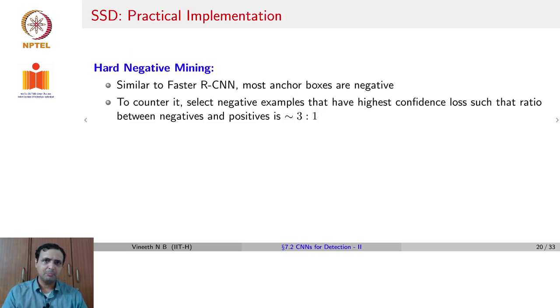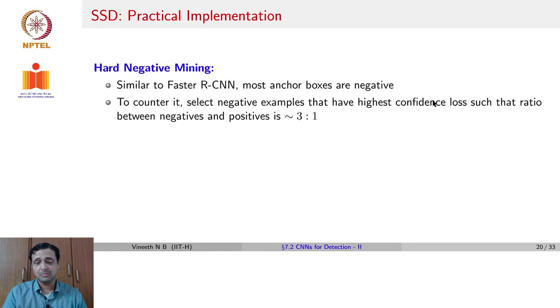In its practical implementation, both YOLO and SSD have this problem that most anchor boxes are likely to be negative when you compare with something like a faster RCNN. So to counter this, you select negative examples that have the highest confidence loss such that you maintain a ratio of negative to positive of about 3:1.